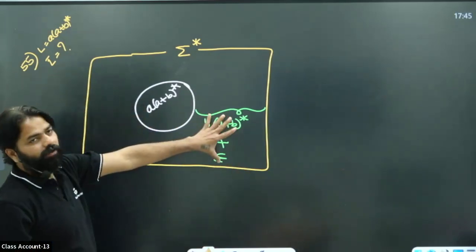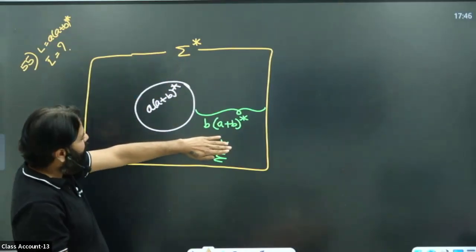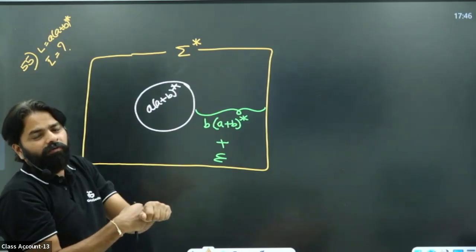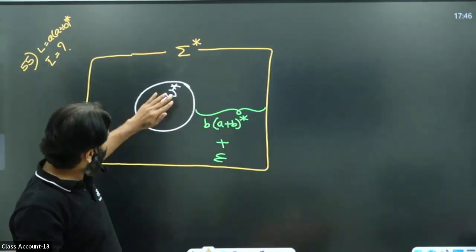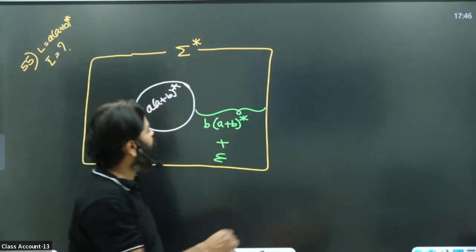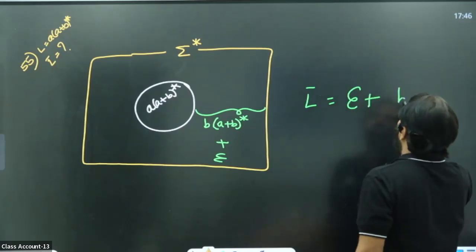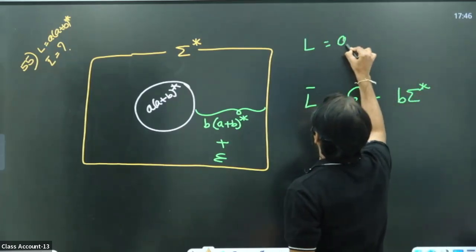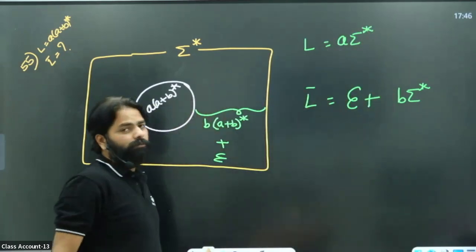Two types of strings are there outside. When you do the union, you should get everything. If you write only starting with B, then the union of starting with B and starting with A will not have epsilon, right? If L is starting with A, L complement should have both. So L complement is going to be epsilon plus starting with B, because your L is starting with A. When you do this union, you should get back sigma star.